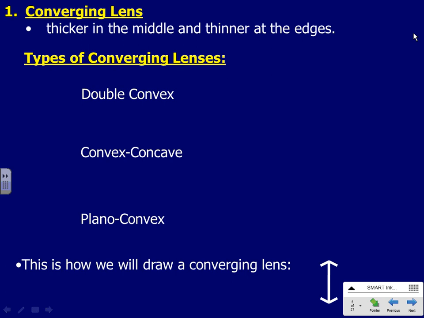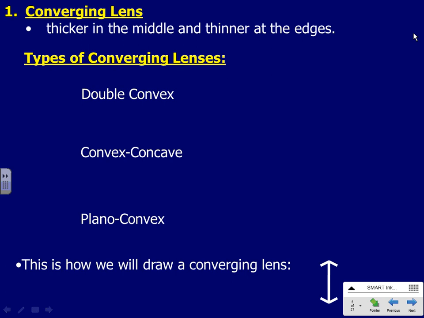That's how you determine whether it's converging or not: whether it's fat in the middle and thin on the edges. In a moment, we're going to write down diverging. Diverging lenses are fat on the edges and thin in the middle. So that's how you tell the difference.